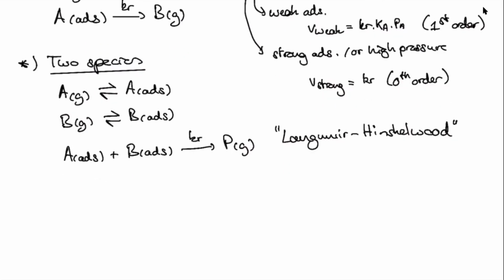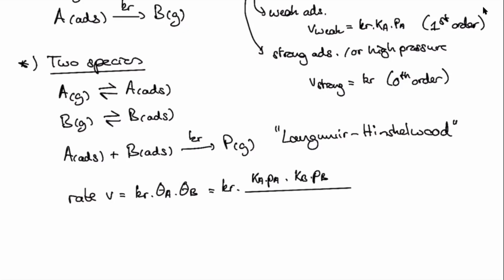Okay, and the rate for that is Kr times coverage of A times coverage of B. That becomes Kr times Ka times Pa times Kb times Pb over (1 plus Ka plus Kb) squared.